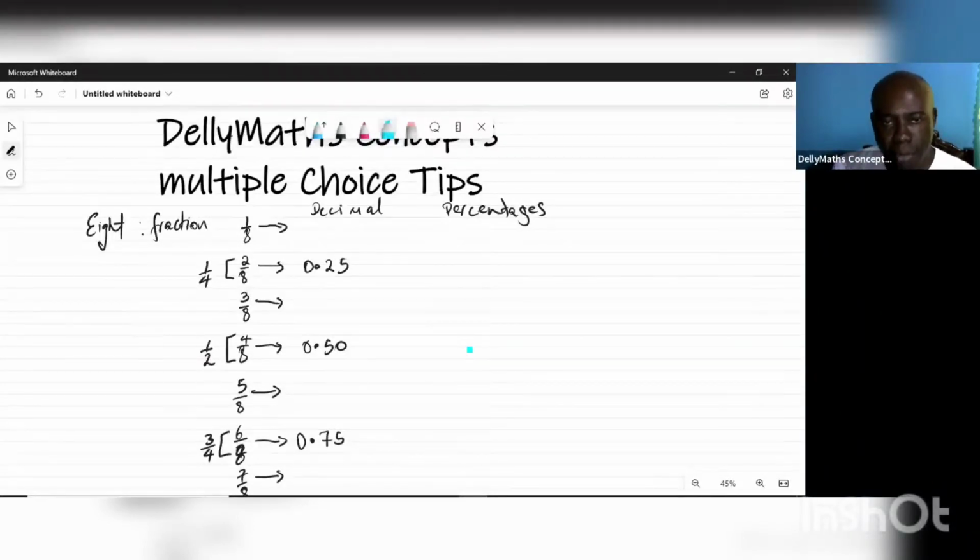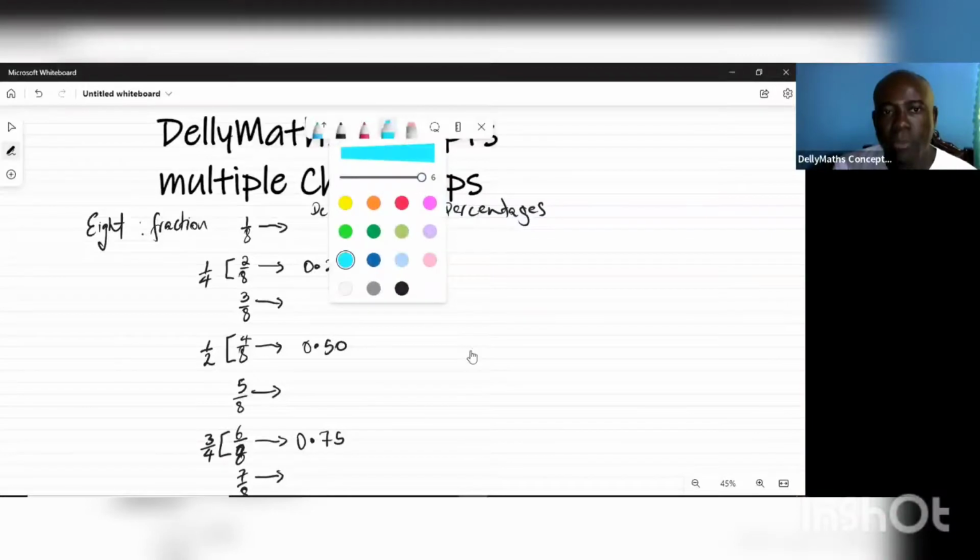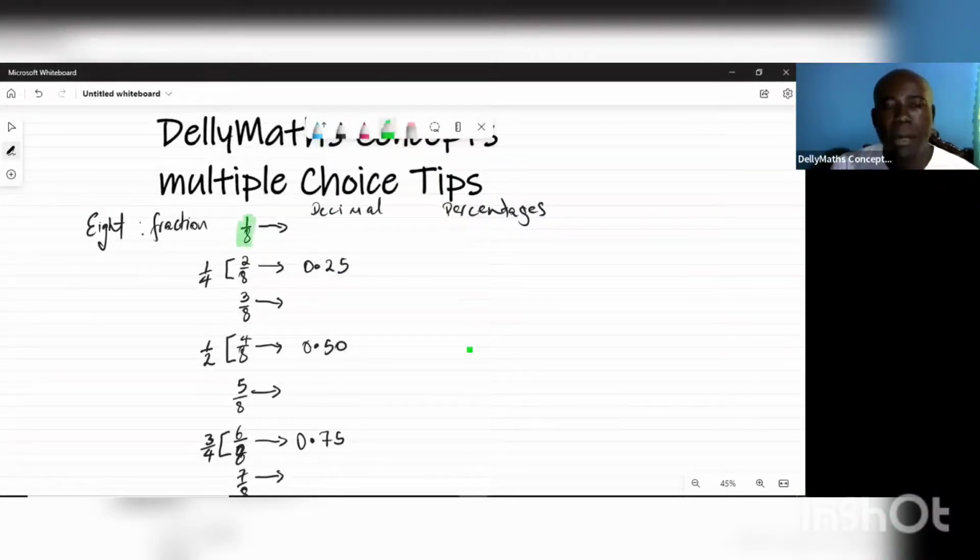For example, let me highlight these as I go. 1/8 plus 1/8 give us 2/8. 2/8 plus 1/8 give us 3/8. 3/8 plus 1/8 give us 4/8. 4/8 plus 1/8 give us 5/8. So we are actually adding 1/8 each time.